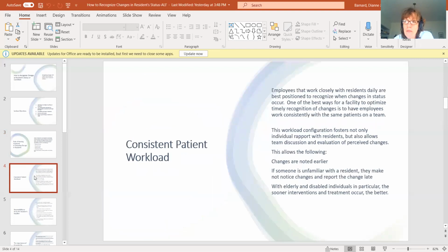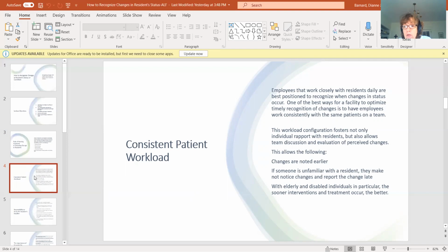So I did talk briefly about a consistent workload, what you would like optimally, of course. Particularly in COVID times, you don't have a lot of control over those things. You might be flying around, off your schedule.